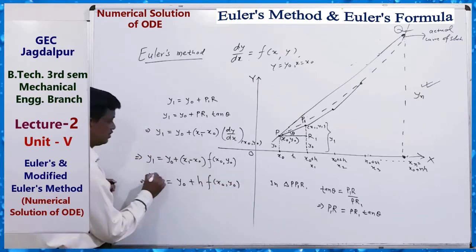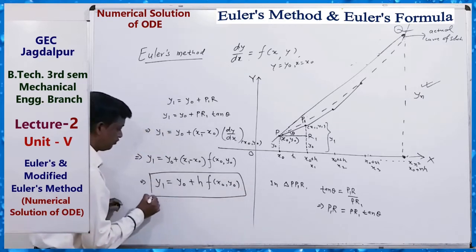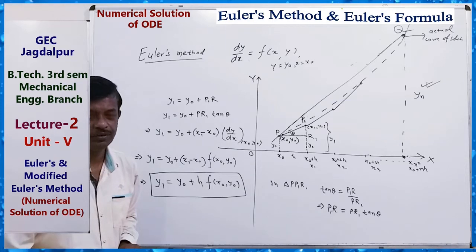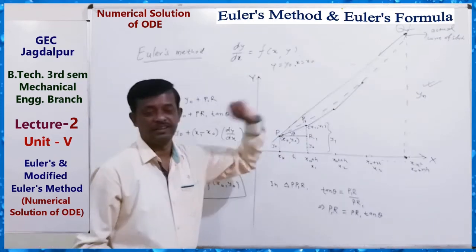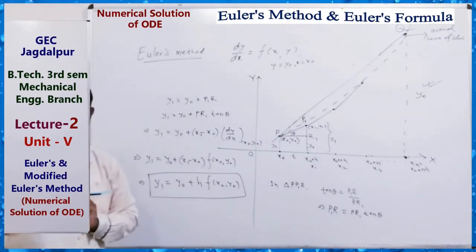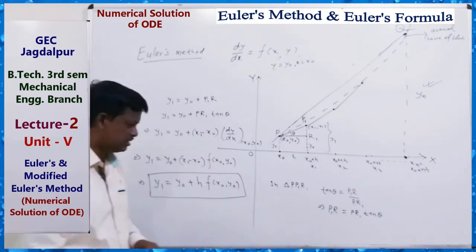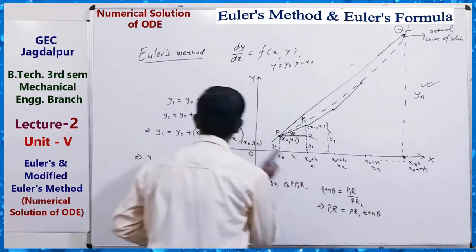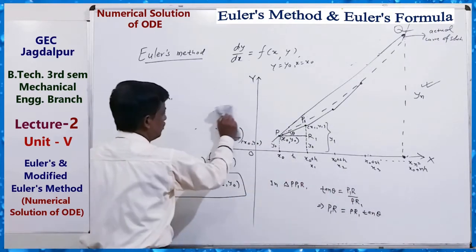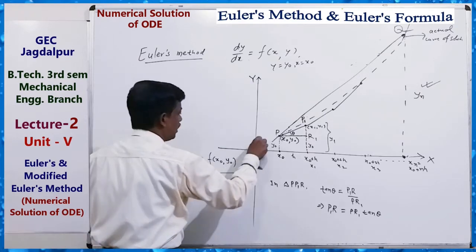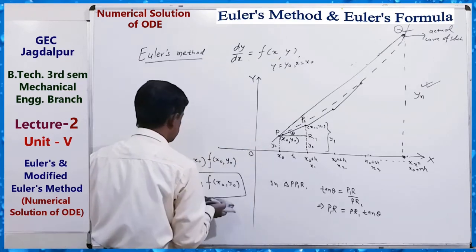This is our first approximation of y by using tangent. You can see also by using tangent, formula of equation of tangent. Just how can we write the equation of a line passing through a point and having slope m?